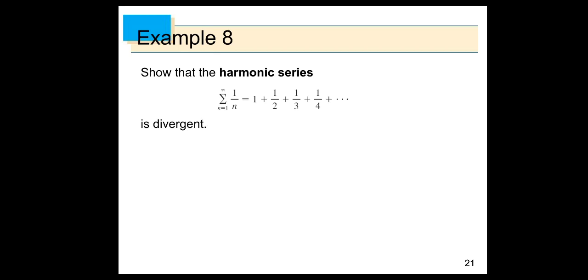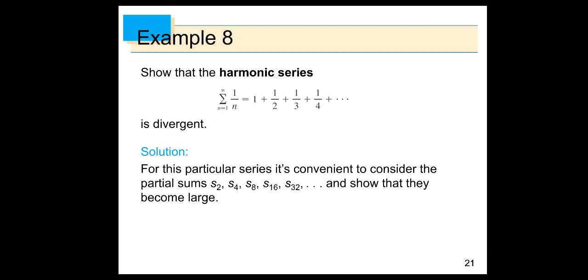Okay, now we have another example, that is the harmonic series. It says to show that the harmonic series, sigma 1 over n, where n goes from 1 to infinity, which is equal to 1 plus half plus 1/3 plus 1/4 plus up to infinity, is divergent.